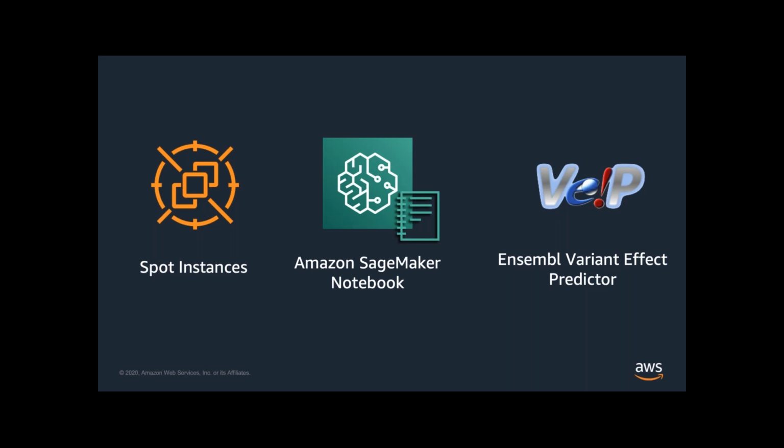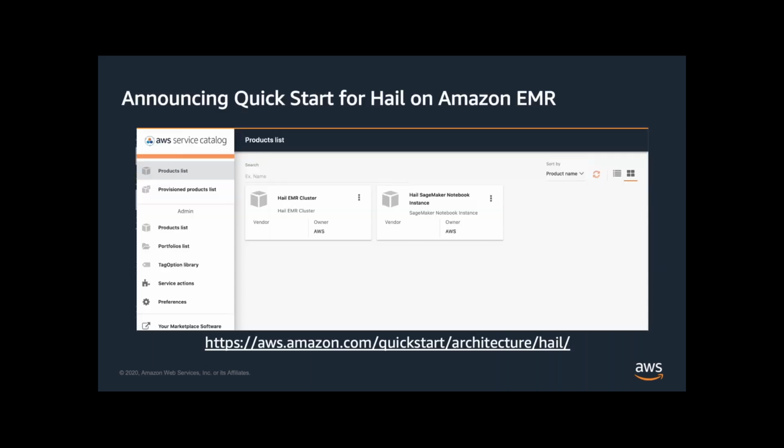So let's take a look at what this Quick Start actually looks like when you run it. We provide these to end users as two elements in a service catalog, and you can share this with anybody from your team that you want to provide access to.